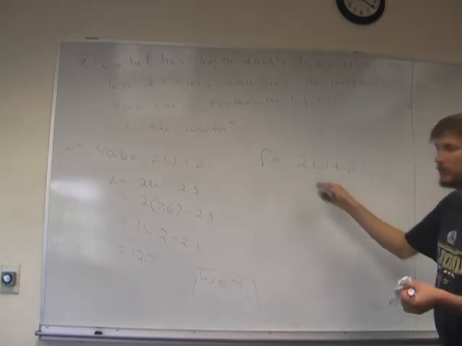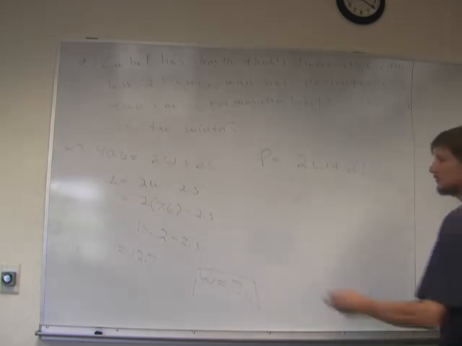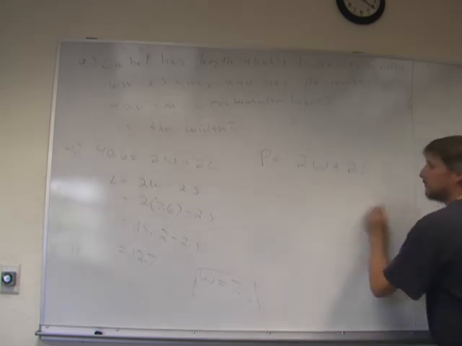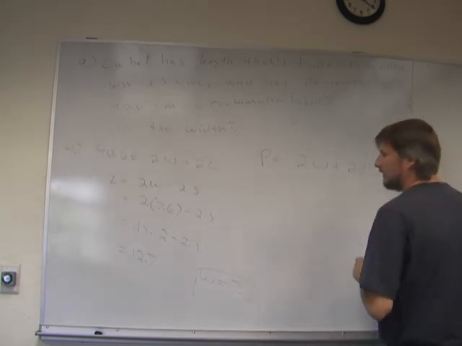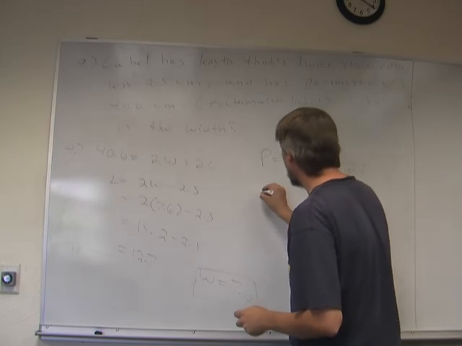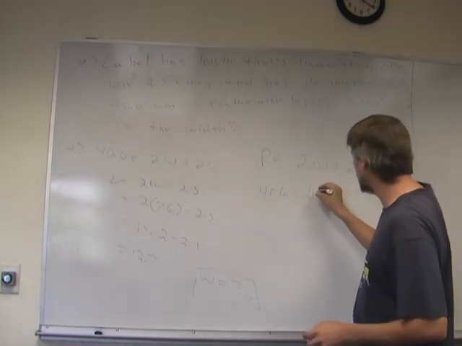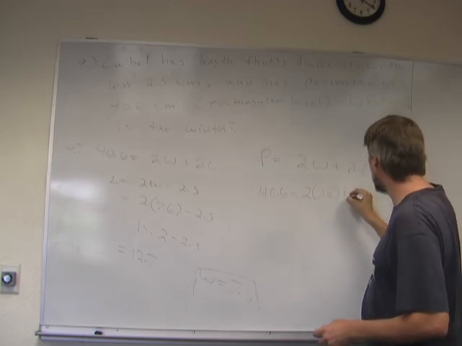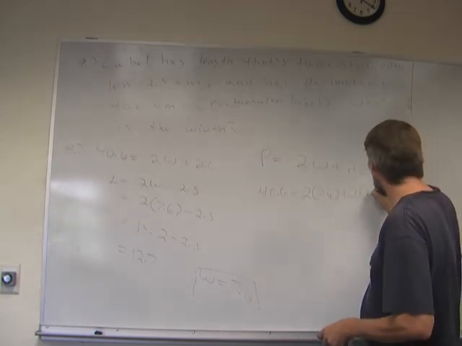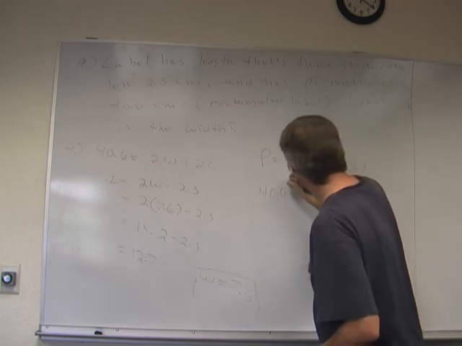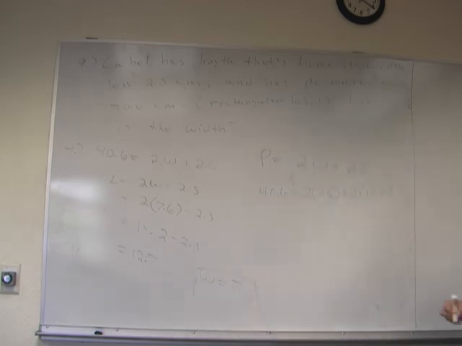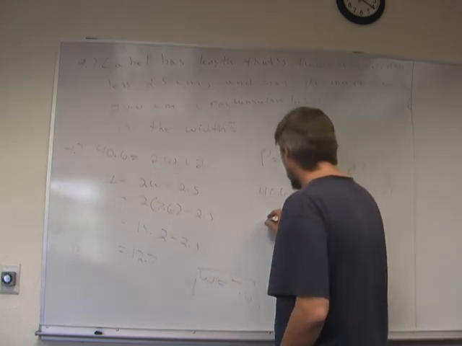So using our perimeter equation, it says that the perimeter is twice the width plus twice the length. Does 40.6 equal twice our width plus twice our length? Well, let's run the numbers and find out. We have 40.6.